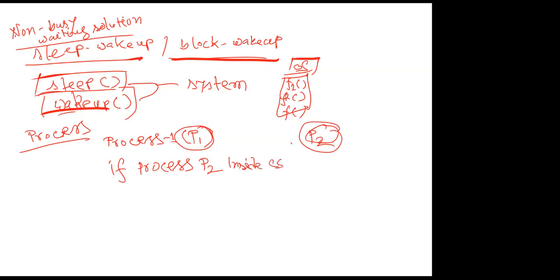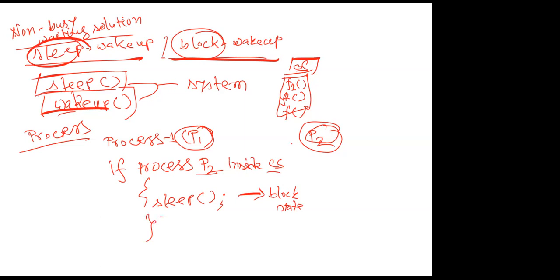If it is, then it will call the sleep function. It will be in sleep mode, and sleep mode is also known as the block state. It will first check whether the other process is inside this critical section or not. If it is, then it will be in sleep mode or block state. Otherwise, it will enter the critical section.